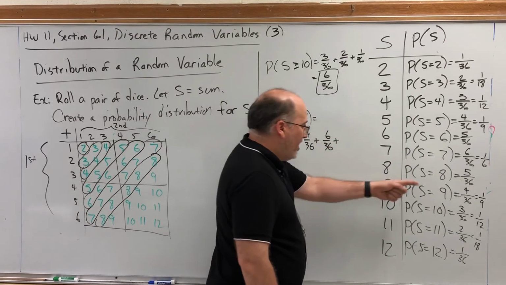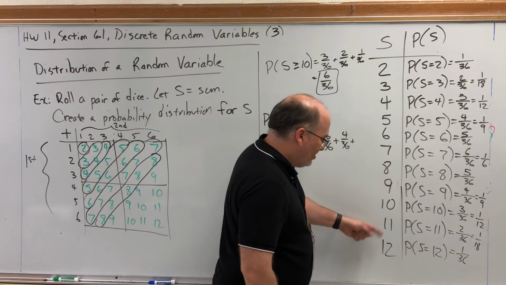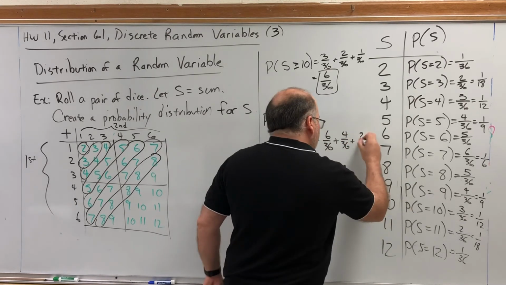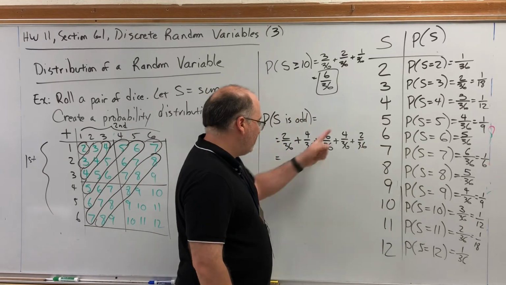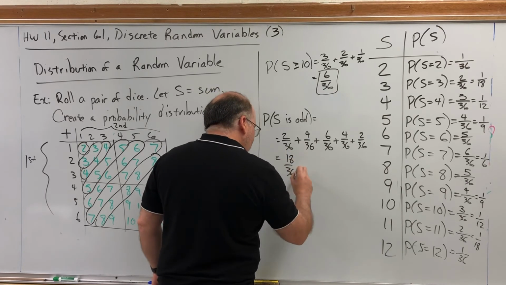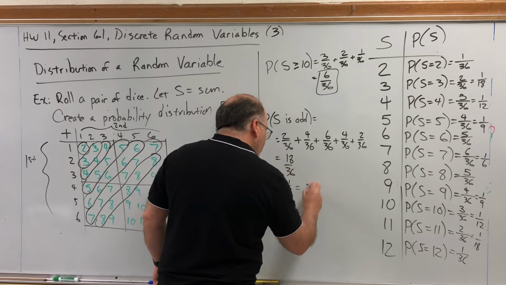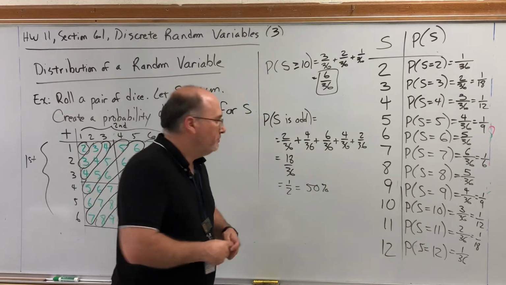Or the sum is 9, which is 4 out of 36. Or the sum is 11, which is 2 out of 36. 2 plus 4 plus 6 plus 4 plus 2 is 18 out of 36. Hey, that's exactly 1/2. There's a 50% chance that when you roll a pair of dice, the sum is odd.